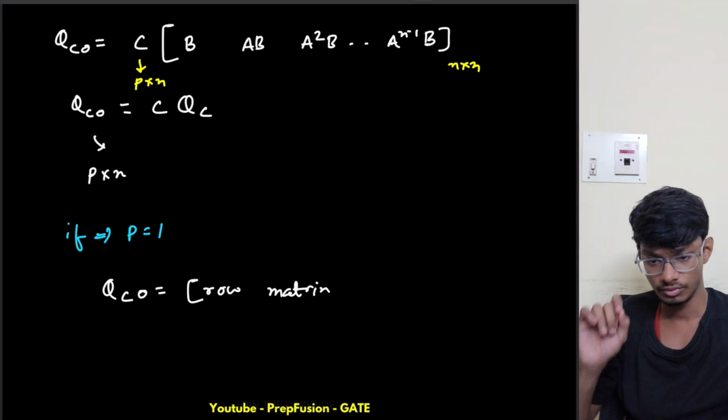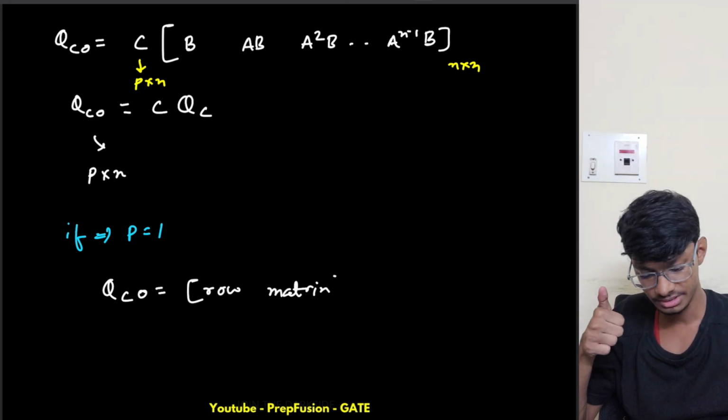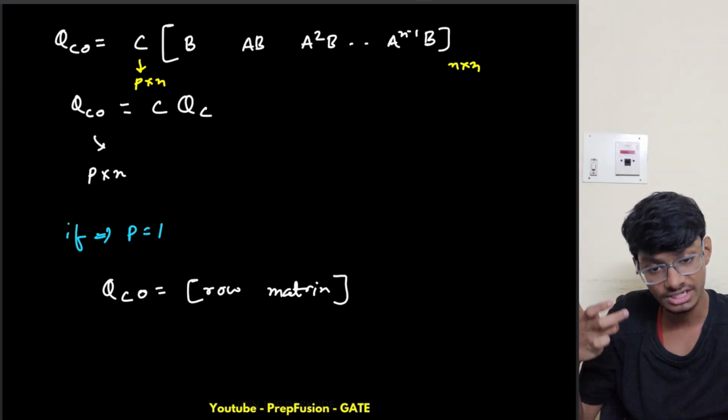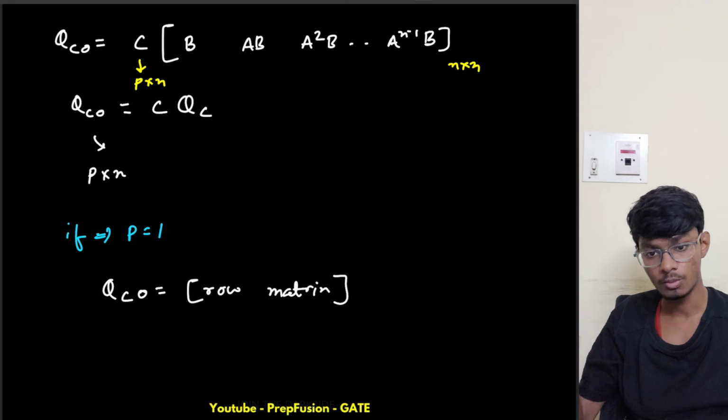Now what is the condition for my state space representation to be output observable?